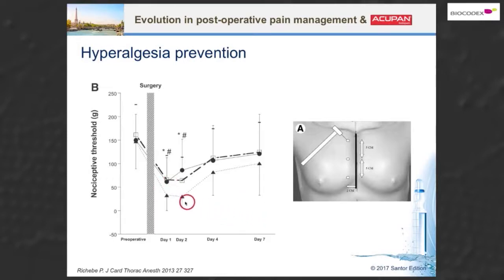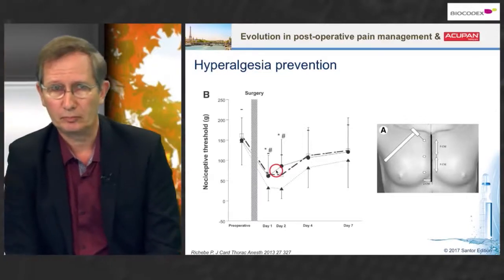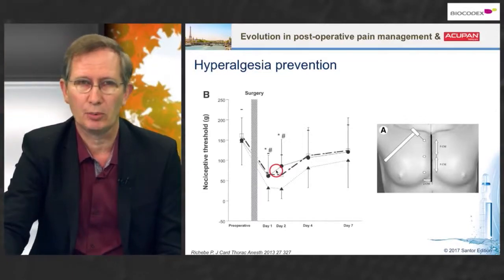In three groups: the control group, where you have the decrease in the pain threshold describing this allodynia after surgery, and two groups receiving nefopam either before surgery or at the end of surgery, and you see basically that for the first or second day after surgery, there was a limitation of this hyperalgesia by nefopam.